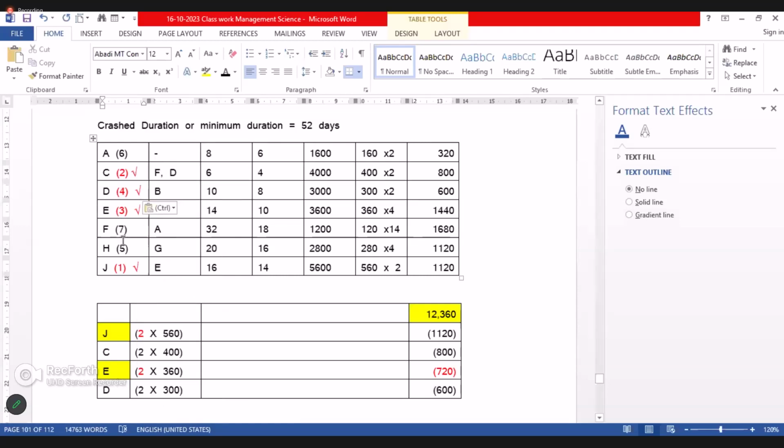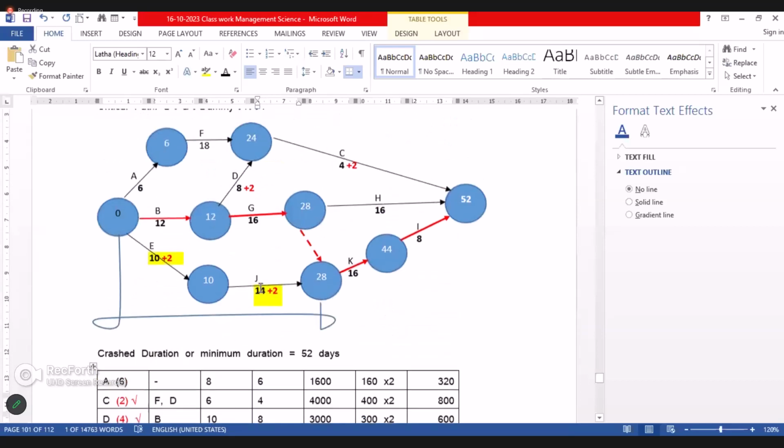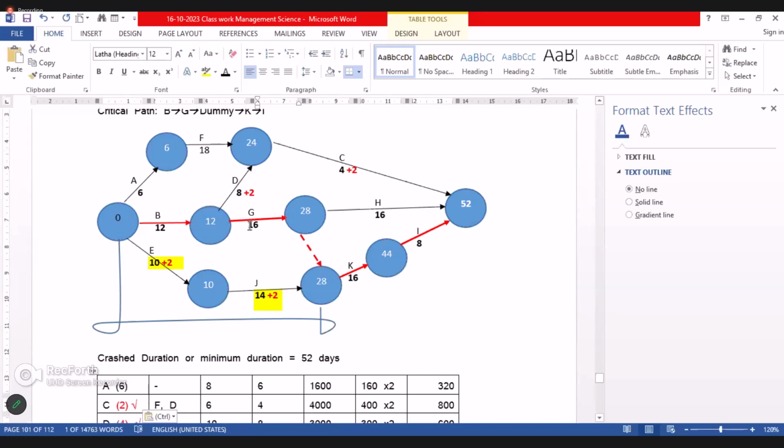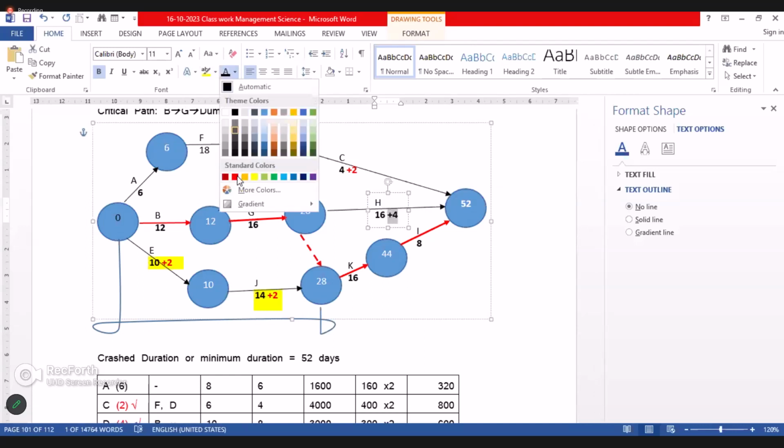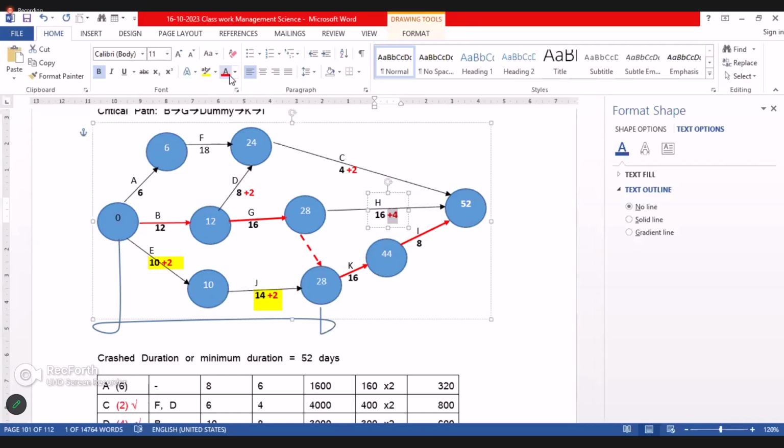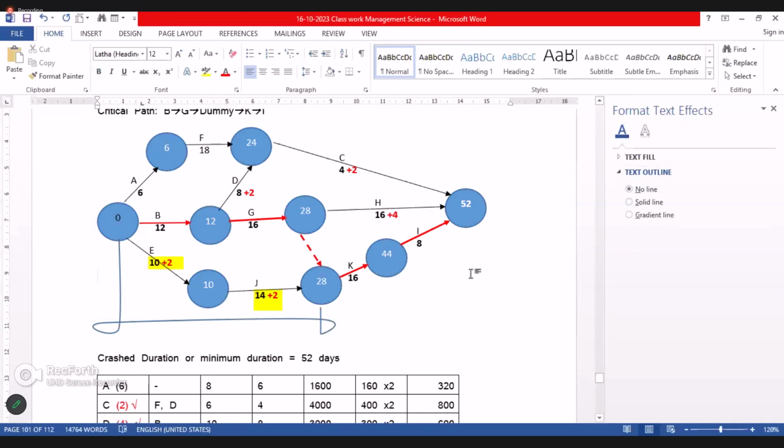Then the fifth priority is H. Now you see H 20 gives us 16, 4 days. Then if you go to H, you come this way, it is 28. 28 plus 16, 44. Then we add 4 days here. If we add 4 days, 28 plus 20, 48, no? 48 days.